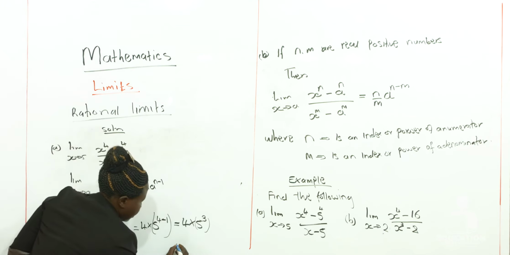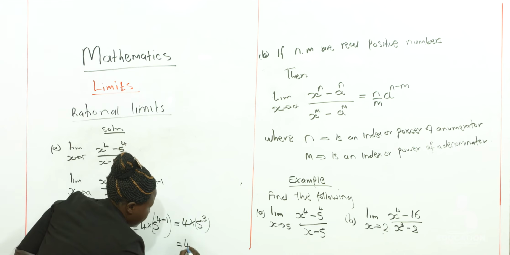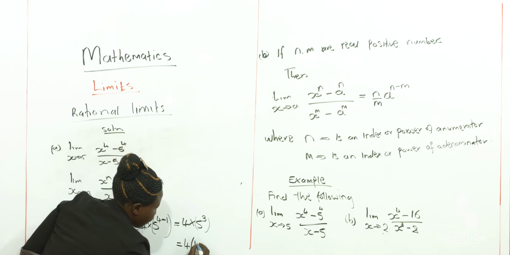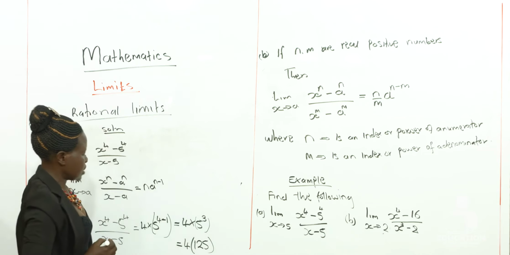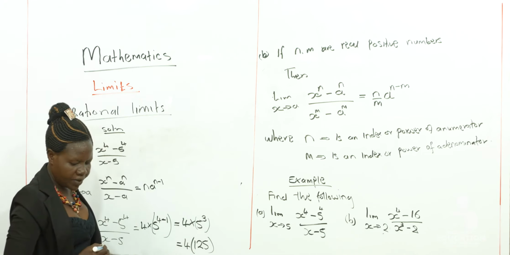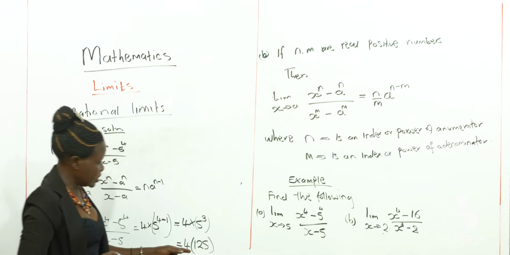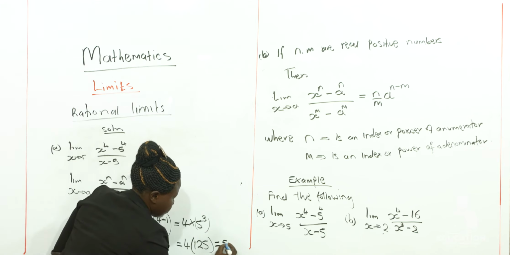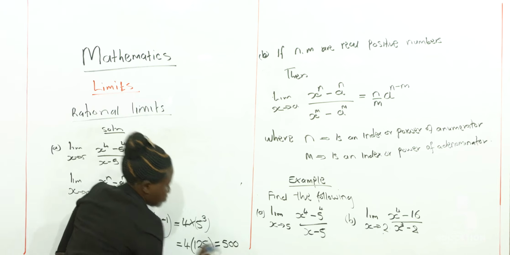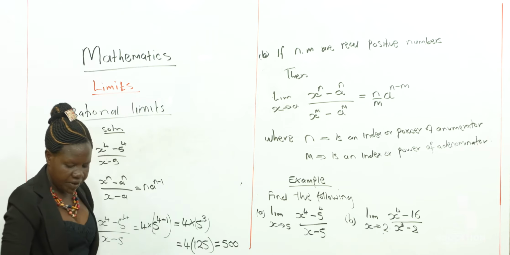So you will now have 4 times 125, which will give us 500.